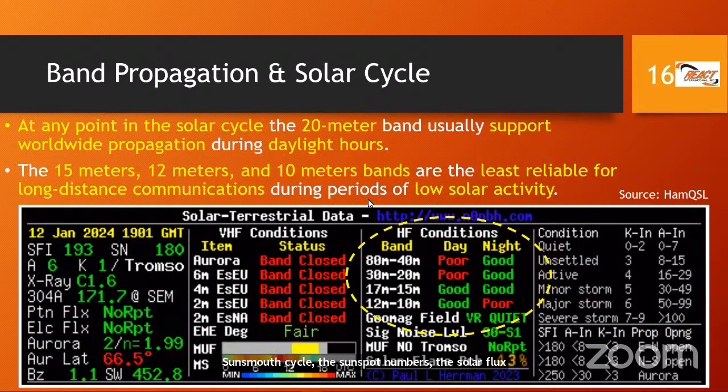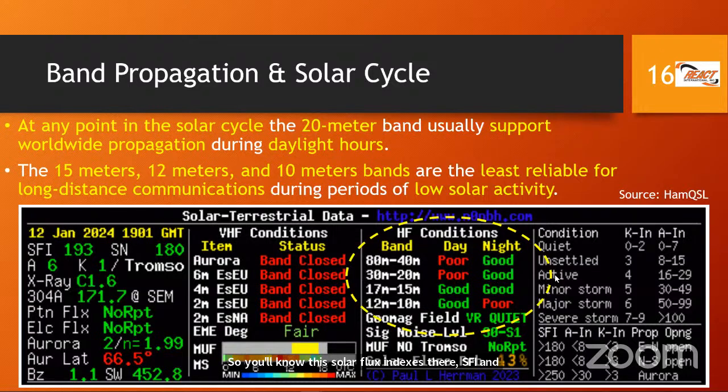On your screen is an example of something that we look at. It's a nice chart that gives you quite a lot of information. You'll notice solar flux index, SFI, is there, and this, by the way, was taken a little earlier today, 12th of January 2024.